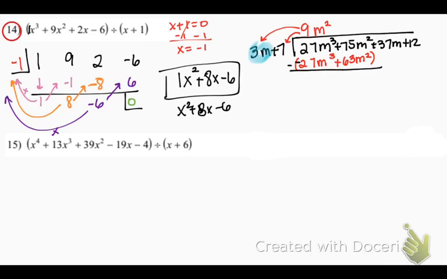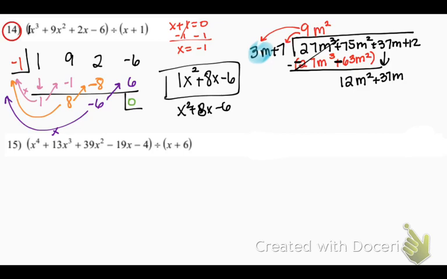So that means I'm going to subtract and subtract. Both of my signs change. So 27m cubed minus 27m cubed is 0. 75 minus 63 is going to give me 12, and then m squared stays the same. That doesn't change because I'm just combining like terms. Then I bring down the 37m.